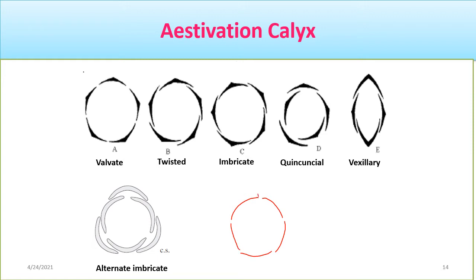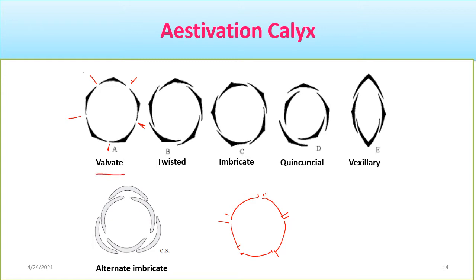If you look at the margins of this, these two margins, these two, and these two. Similarly here at this position, there is no overlapping pattern of floral parts. So this is valvate type of estivation.